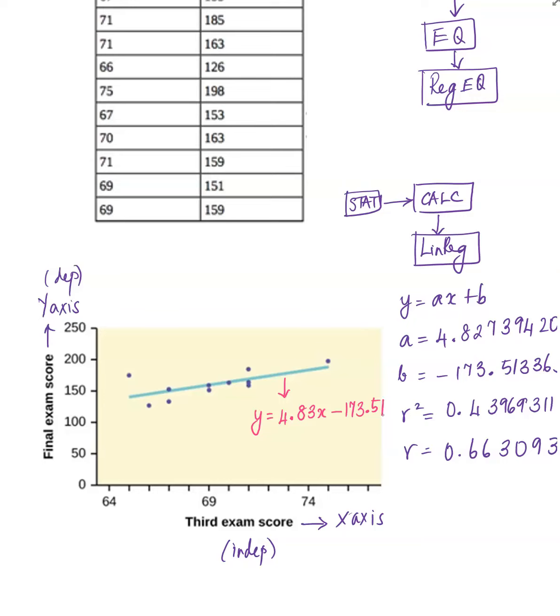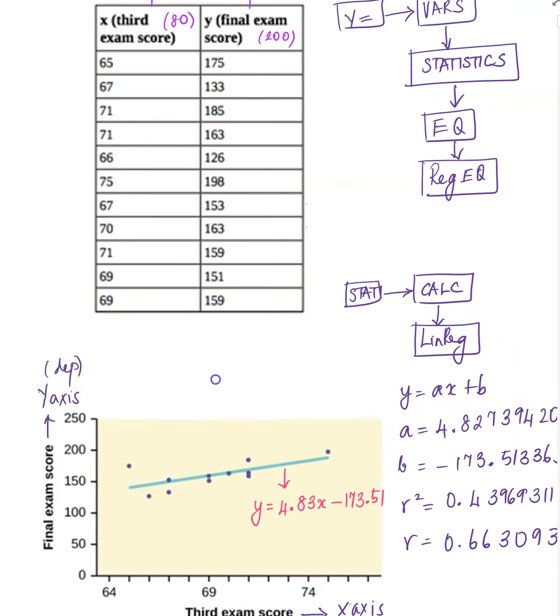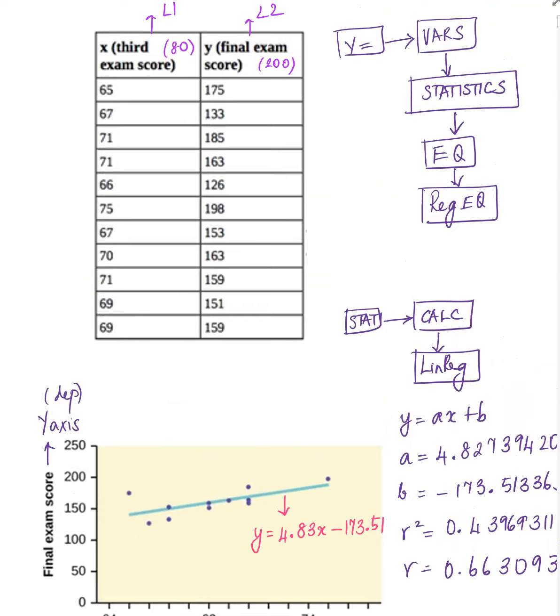Now we're going to use this to make predictions, and for that, we're going to make it completely mathematical. I want you to quickly observe the x values. In your x column, the minimum is 65 and the maximum is 75. Now we always predict the y values, so we have to choose an x value to predict the y value.